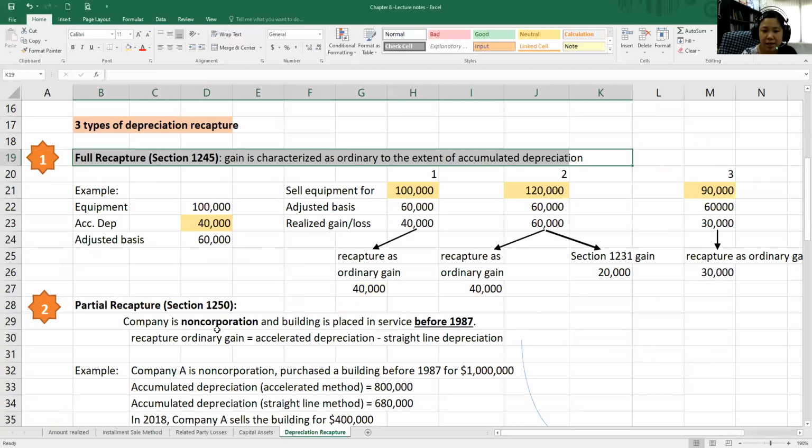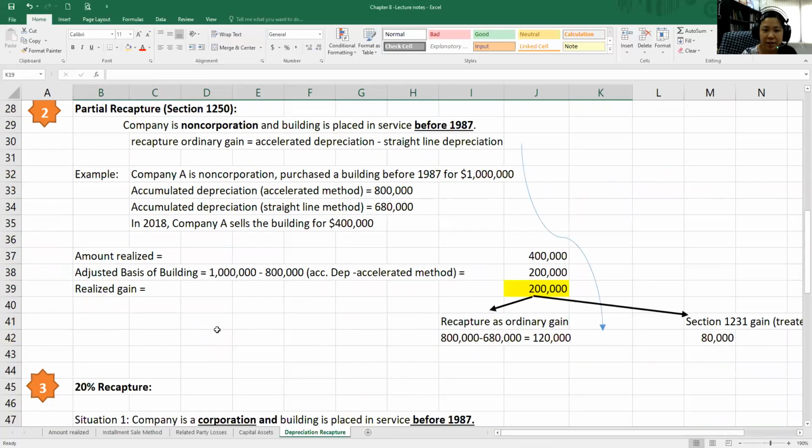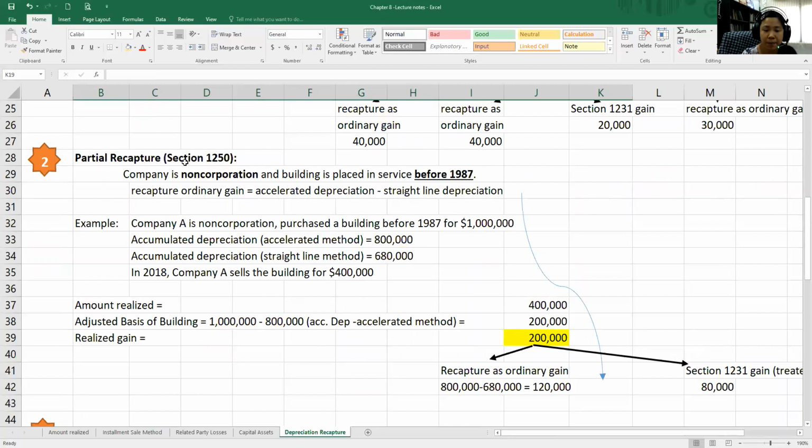Okay, next, let's look at the next part. It's called partial recapture. Partial recapture is section 1250.